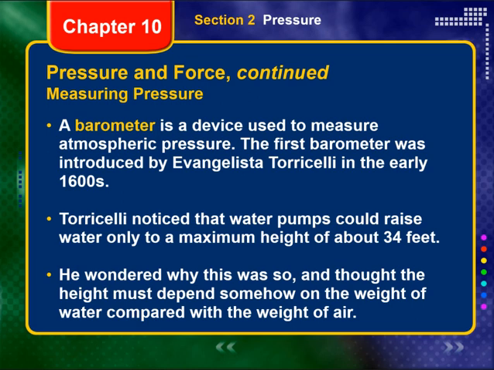And he wondered why this was so. This was an observation that he saw was constant. His hypothesis was that the height that a water pump could raise the water, the 34 feet, must depend somehow on the weight of the water itself compared with the weight of the air that's on top of it.